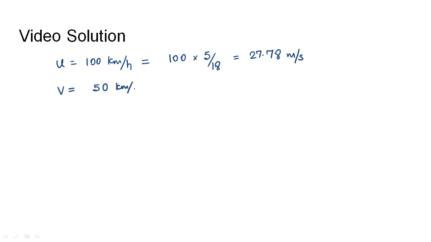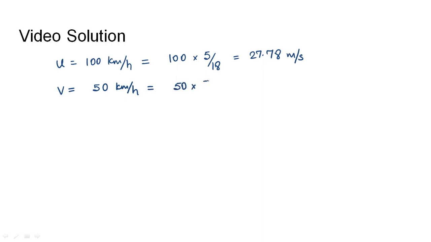In this case, we have been given the initial speed of the car as 100 km per hour. Converting this to meter per second using the conversion factor of 5 by 18, we would get 27.78 meters per second. The final speed the car needs to retard to has been given as 50 km per hour, which is the allowable speed limit on the exit ramp.